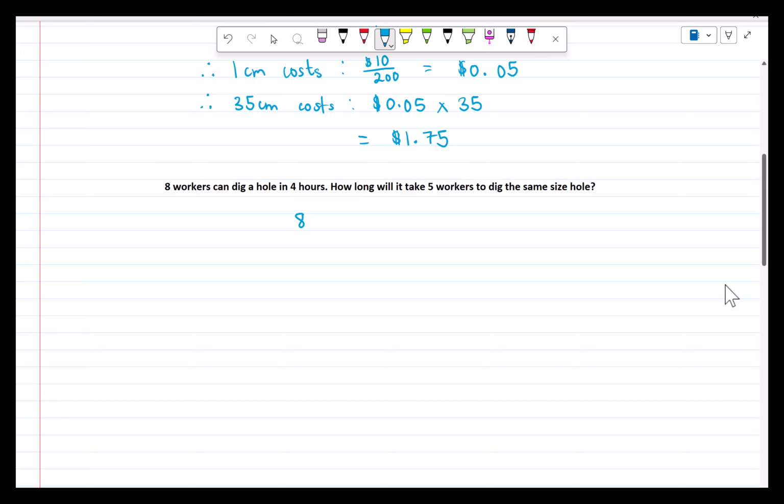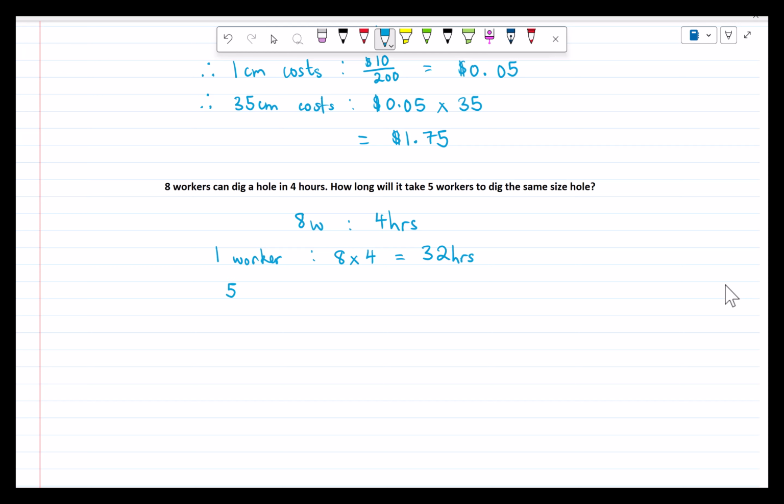So what we have are 8 workers who are working to dig a hole in 4 hours. And I want to find out how many hours one worker would take to dig that hole. And that is one worker would be equal to 8 times 4 hours, which is equal to 32 hours. One worker would take 32 hours to dig the same size hole.